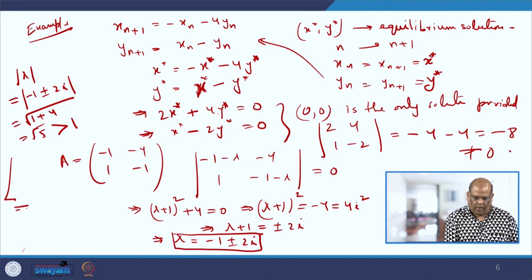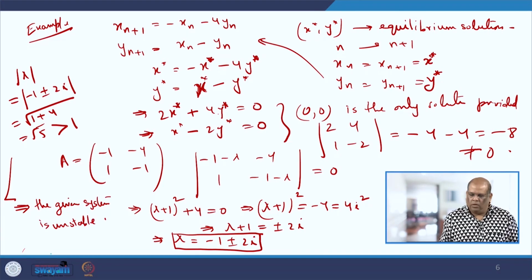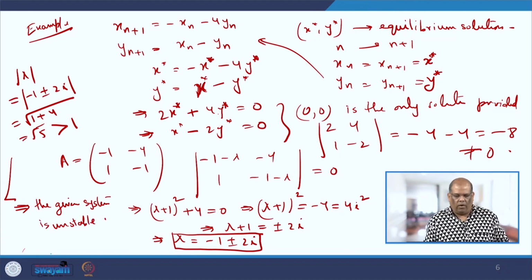So, this implies the given system is unstable. So, what you have done here is that you have been given two difference equations.